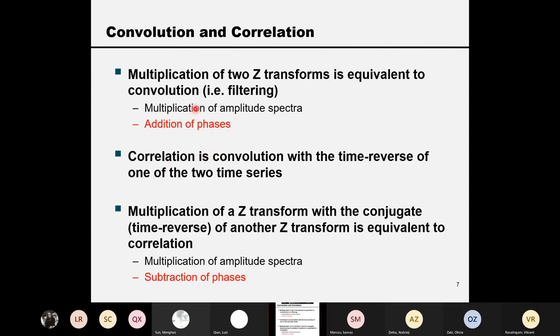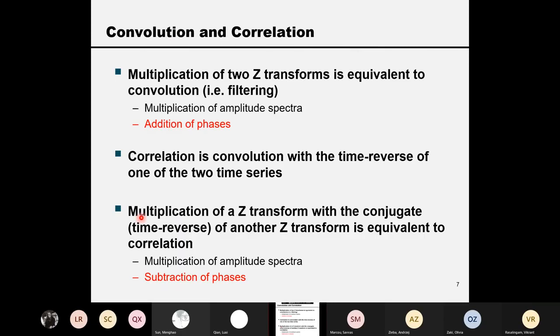We also learned the correlation. Correlation is basically almost identical to the convolution, but one of the time series is in the reverse time order. That's different, right? And the multiplication of two complex numbers here for the correlation will be slightly different from a convolution.